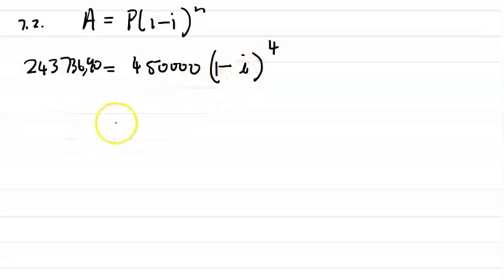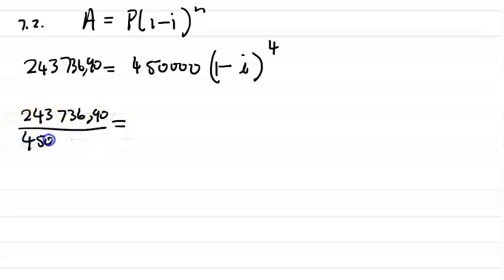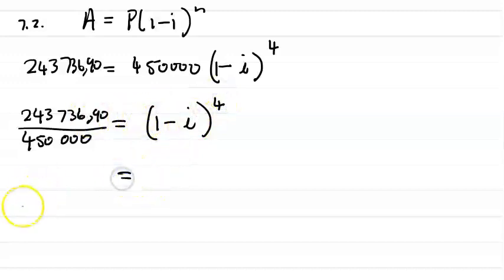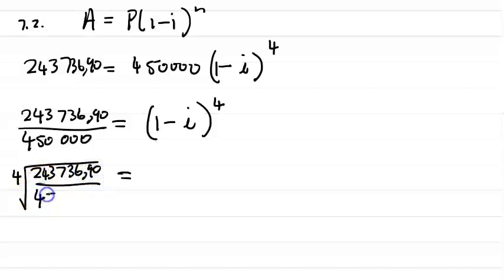So let us now make i the subject of my equation. So that will be 243,736 rands and 90 cents all over 450,000 rands equals (1 minus i) to the 4. So what I'm going to do now is take the fourth root of both sides. So this will be the fourth root of 243,736 rands and 90 cents all over 450,000 rands equals 1 minus i.